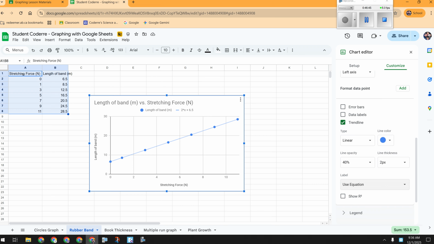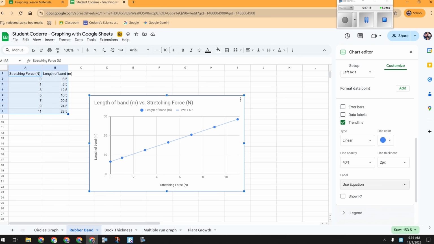Now, what are the units going to be here for my slope? So m is 2. The slope tells me how much y goes up as a function of x, and its value is 2. Okay, 2 meters per Newton. That's what N stands for.